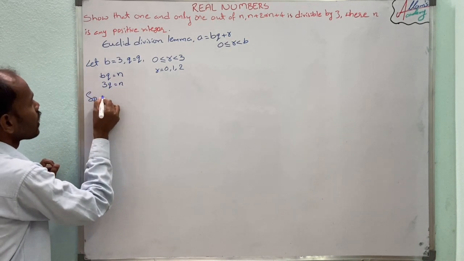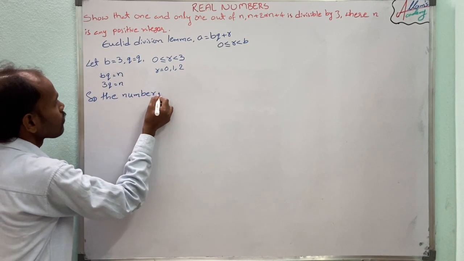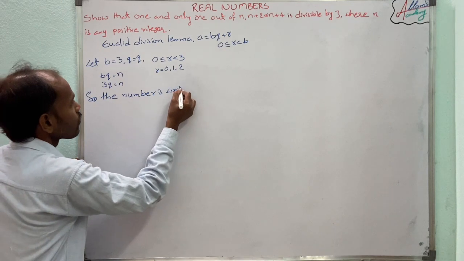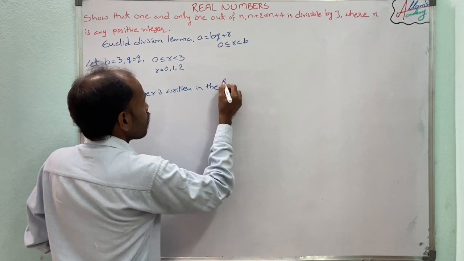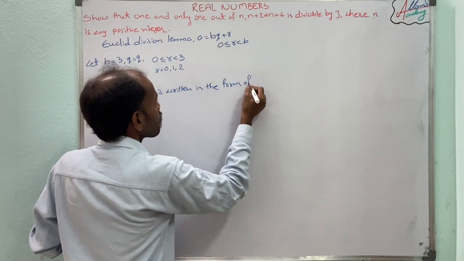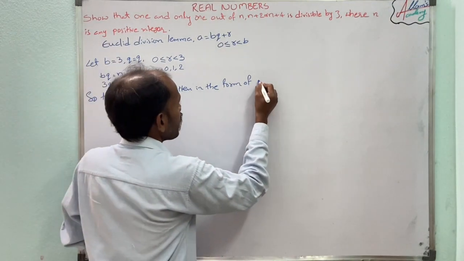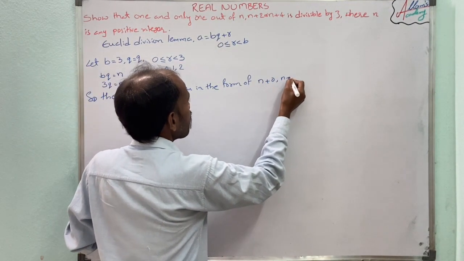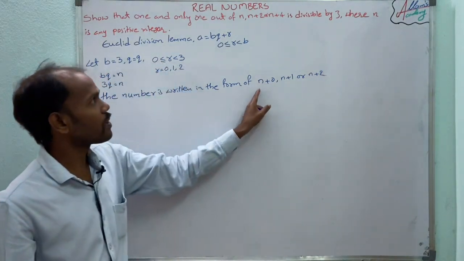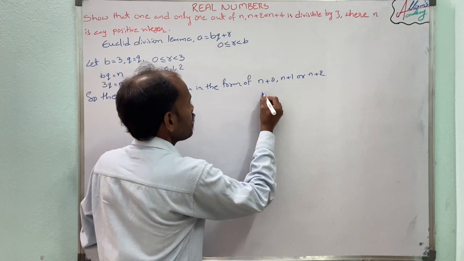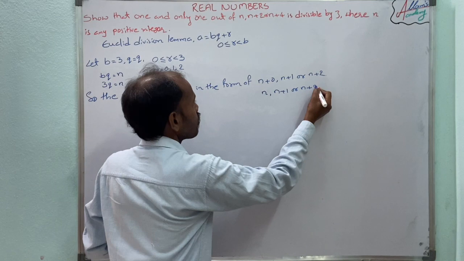So the number is written in the form of 3q, 3q plus 1 or 3q plus 2, so n, n plus 1 or n plus 2.